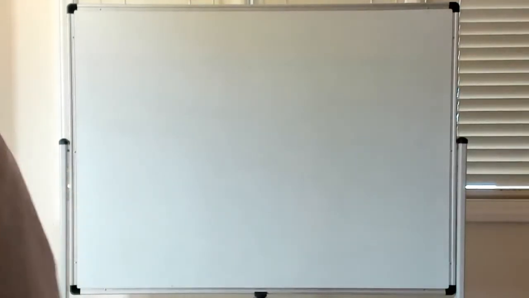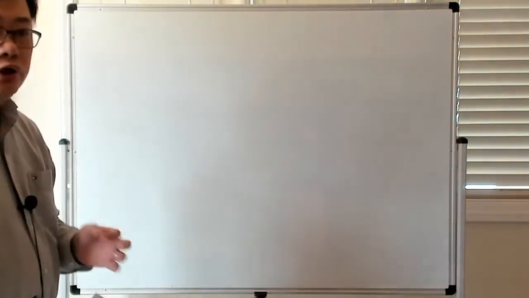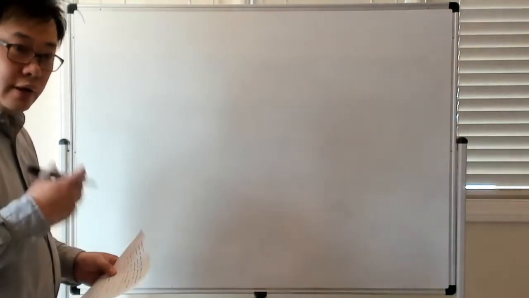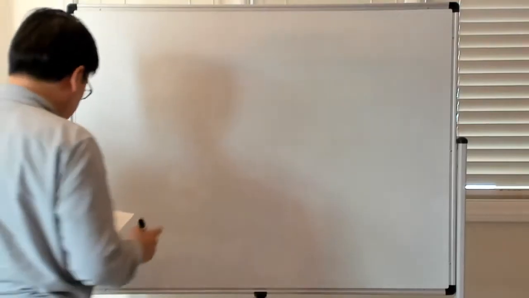All right, so now we're going to talk about simplicial maps, which you should think of as being the analog of continuous maps, but in the context of simplicial complexes.